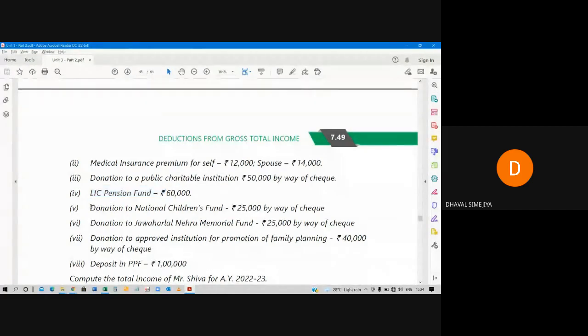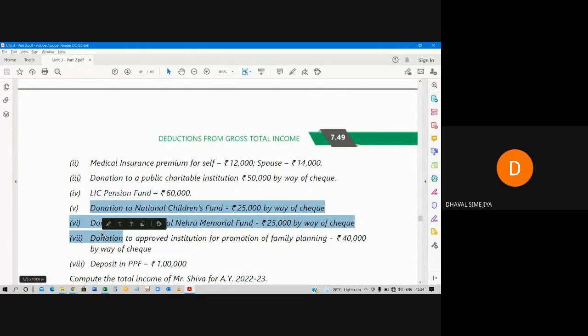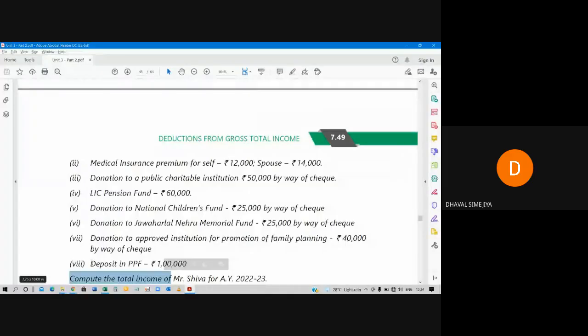Now, points number 5, 6 and 7 are related to donation that we are supposed to calculate. And the last point is deposit in PPF. Compute the total income of Mr. Shiva. So that's what we are doing.